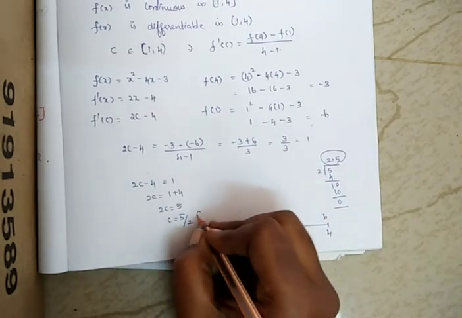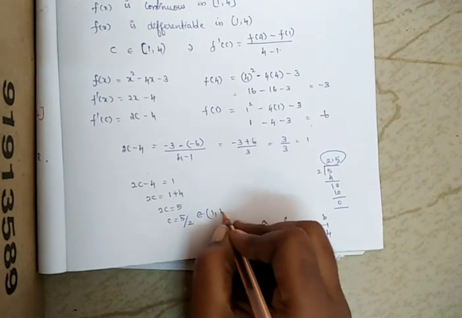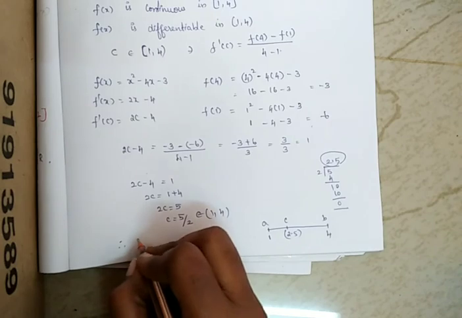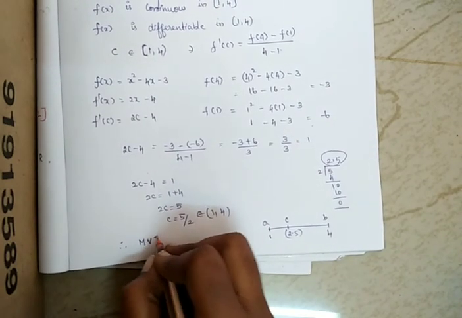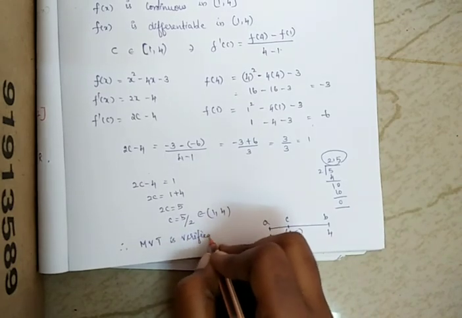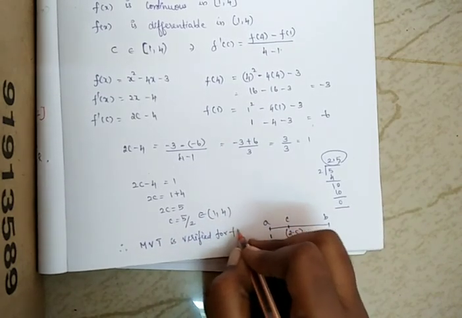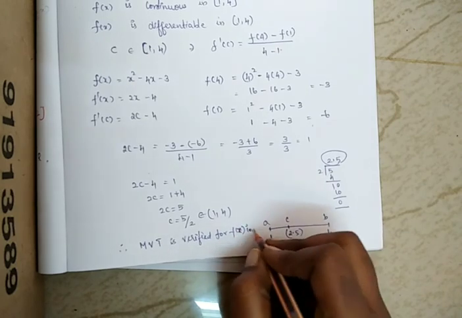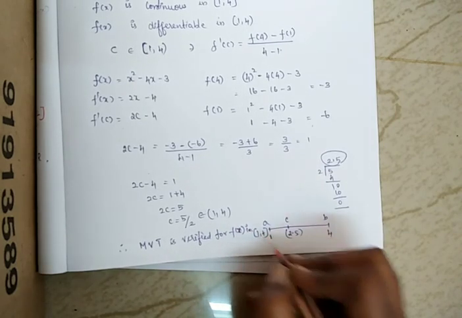Therefore this C belongs to open interval 1 comma 4, and therefore mean value theorem is verified for f of x in the 1 comma 4 interval.